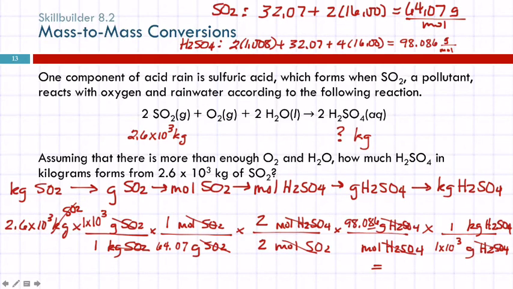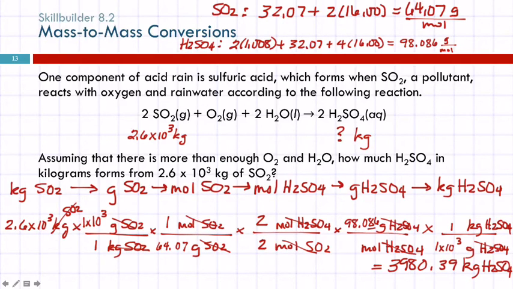I'm going to multiply by 2 and divide by 2, and multiply by 98.086, and divide by 1 EE3, and press the equal sign. 3980.39 and some other stuff. Kilograms of H2SO4.